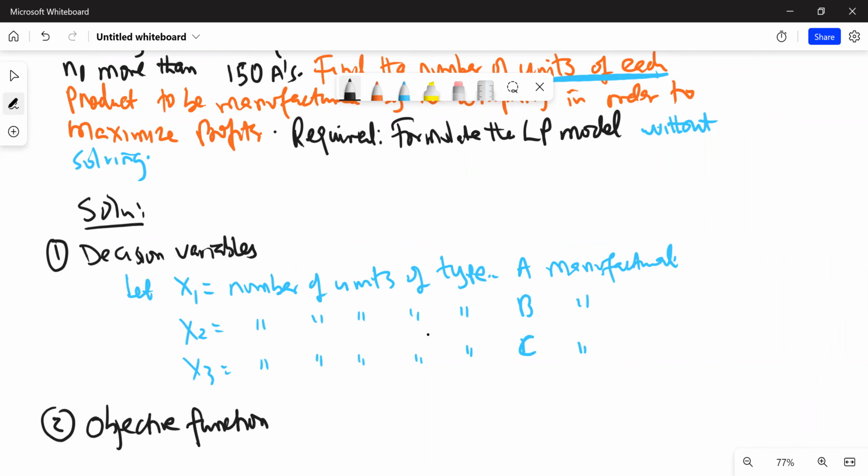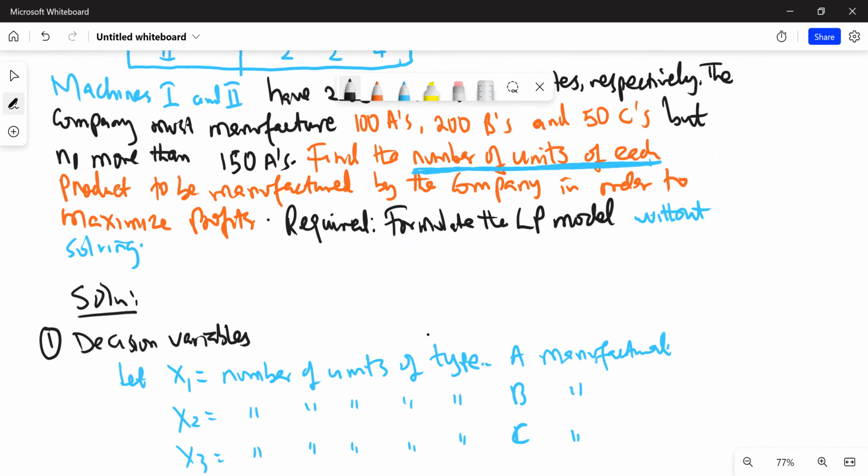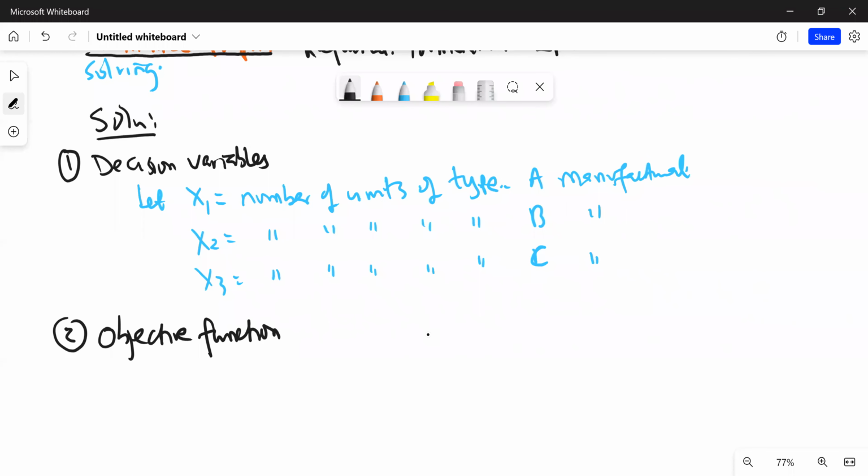So it is the question that we are solving that will tell you whether you are dealing with a maximization or minimization kind of problem. And here we are told maximize profits. So usually we represent the function of profits by letter Z. So first we say maximize Z.